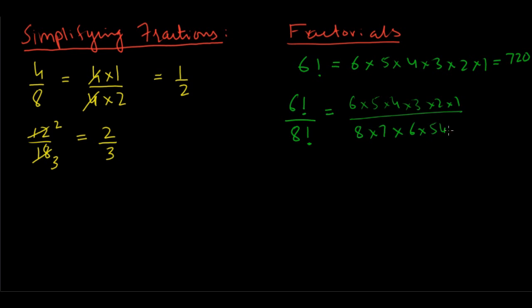So this entire part will cancel the entire part, and you'll be left with only 8 times 7 in the denominator. Up top would be just 1, and at the bottom you'll have 8 times 7, which is 56. So 1 over 56. See, without typing all these things in the calculator, you were able to simplify it and get to the answer.